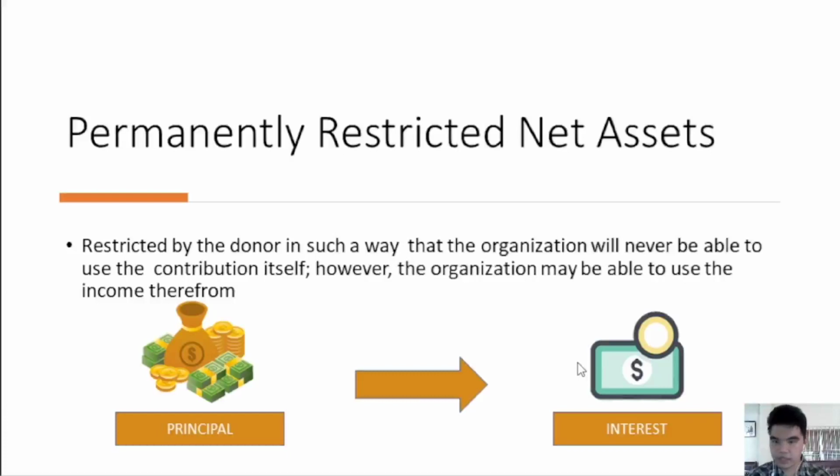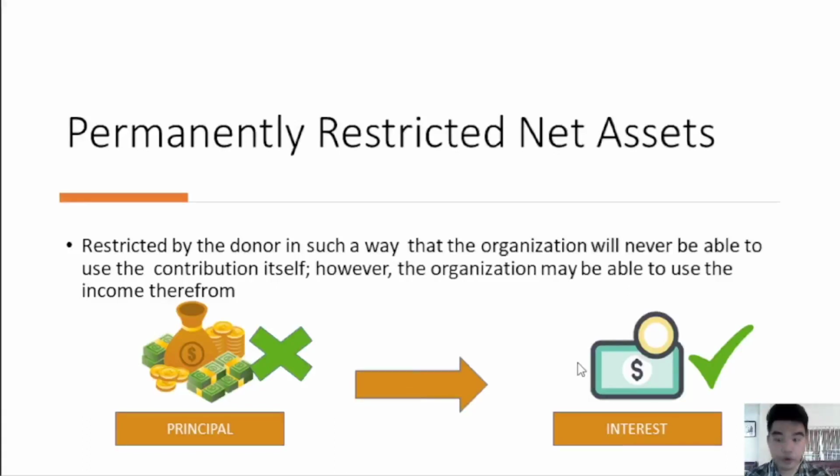So, in this illustration, we can see how this thing works. So, the interest can be used to fund the programs of the NPO. However, the principal can't be used for that since it is permanently restricted.